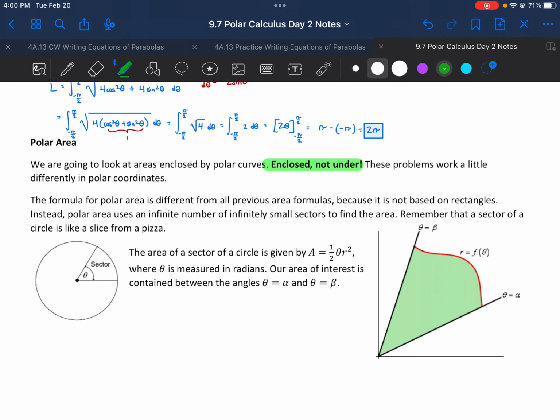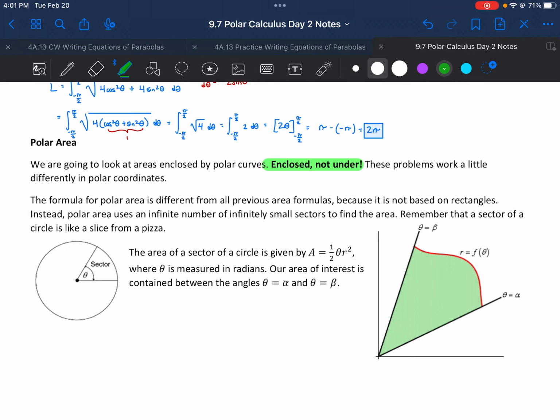The formula for polar area is different from all previous area formulas because it's not based off of rectangles. Remember, when we were doing area under the curve, we were summing up these infinite numbers of rectangles. Well, what we're going to do instead is sum up a bunch of sectors, essentially. So polar area uses an infinite number of infinitely small sectors to find the area.